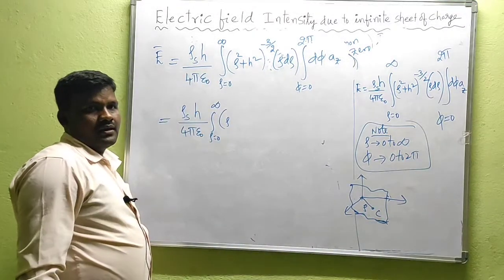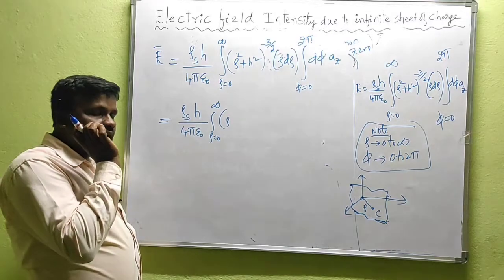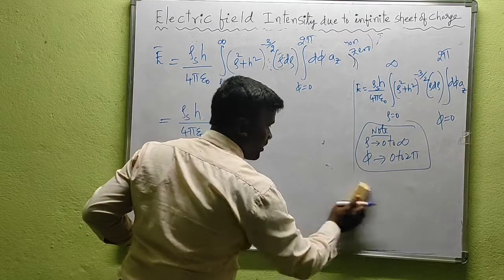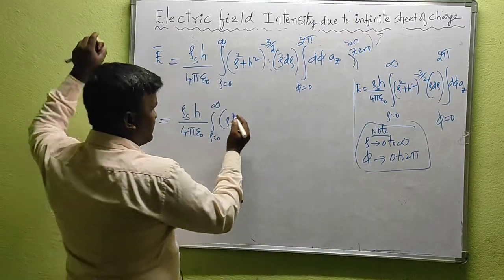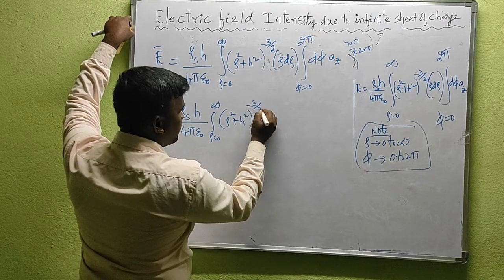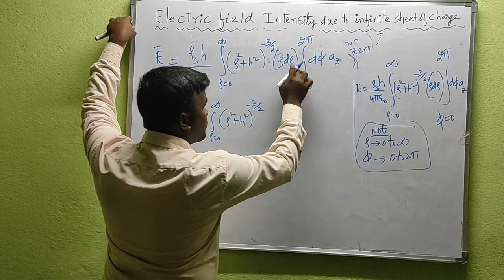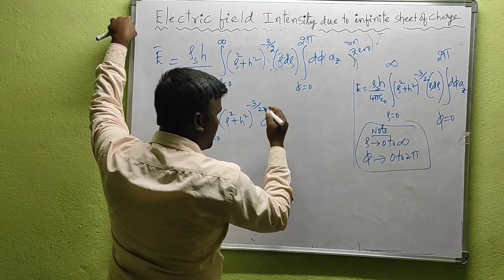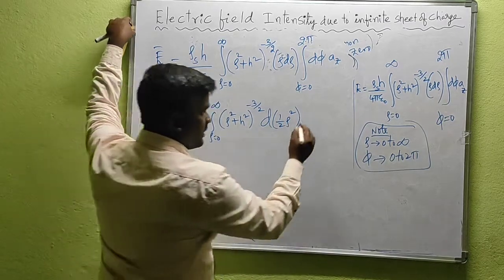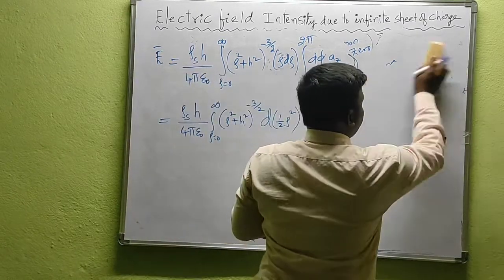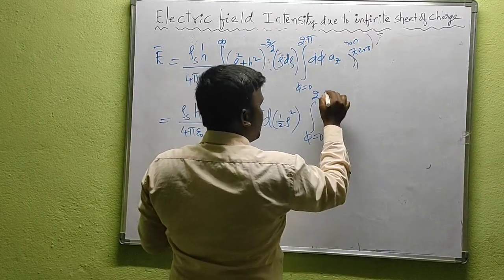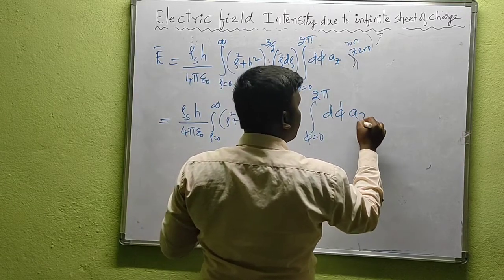Infinite means ideally infinity, but practically it should be a large sheet of charge or large surface charge, that is rho square plus h square whole power minus 3 by 2. I will write this rho d rho like this, that is the differentiation of 1 by 2 rho square, integral phi is 0 to 2 pi d phi into az.